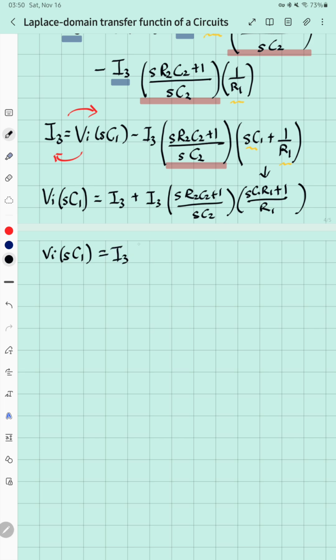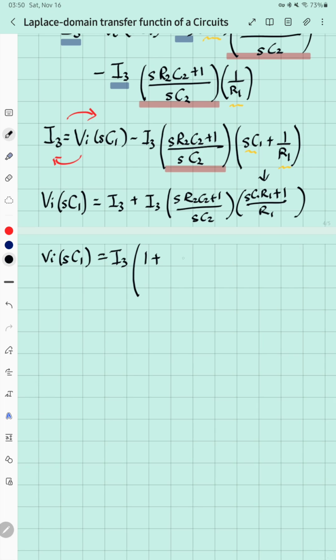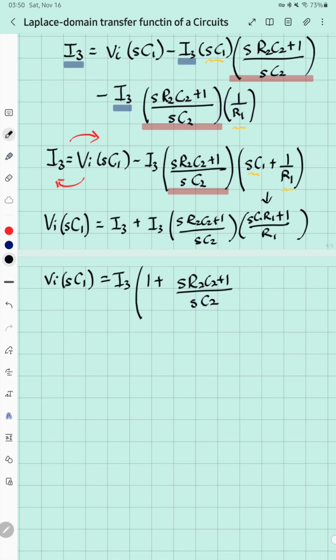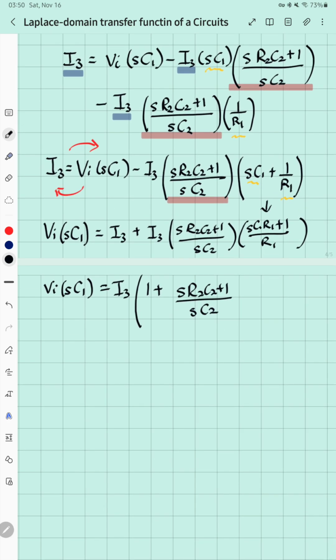It's I3 1 plus the rest. So SR2C2 plus 1 over SC2. But don't forget that is still having those brackets times, and the big bracket are 1.